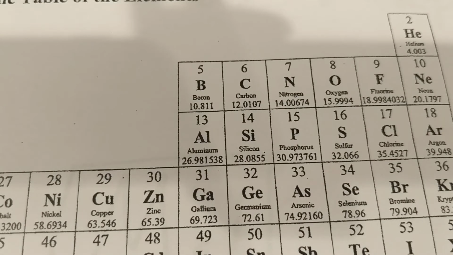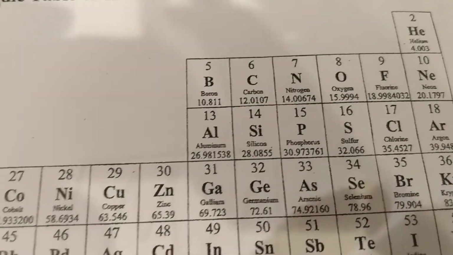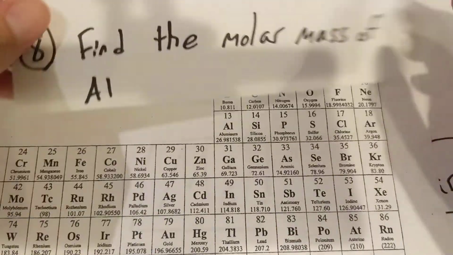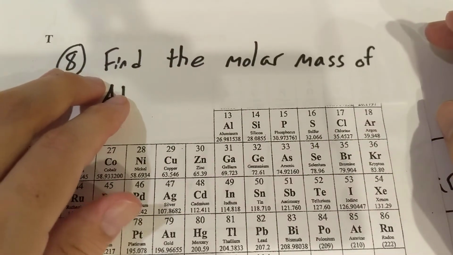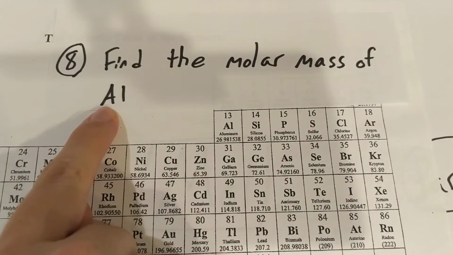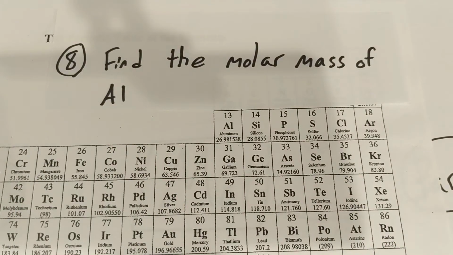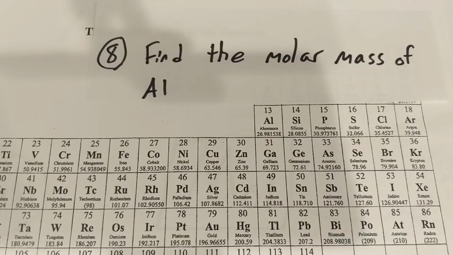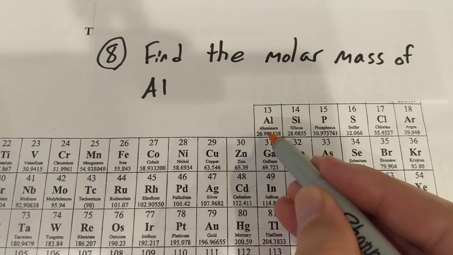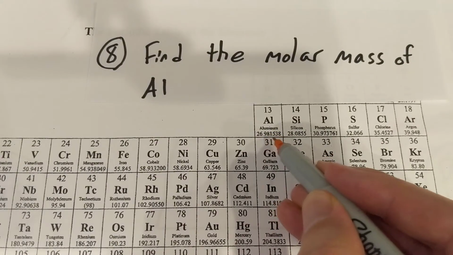So, if I had a question, let's zoom out just a tidbit, like question number 8, find the molar mass of aluminum. Aluminum is an element, so we could just look straight on the periodic table. We can see it right here. We got aluminum, 26.98.